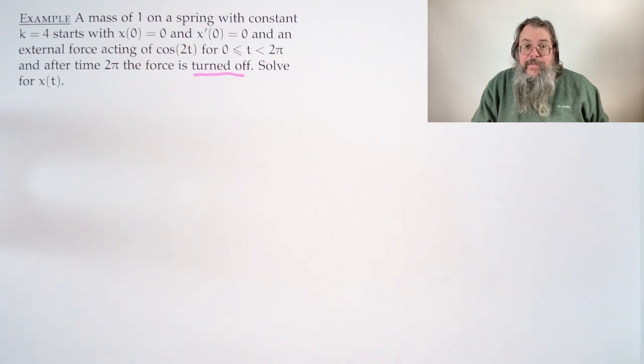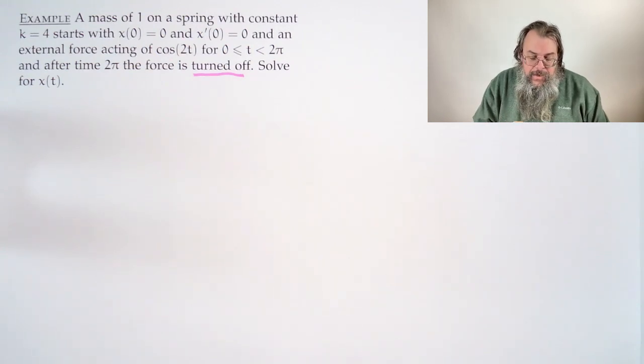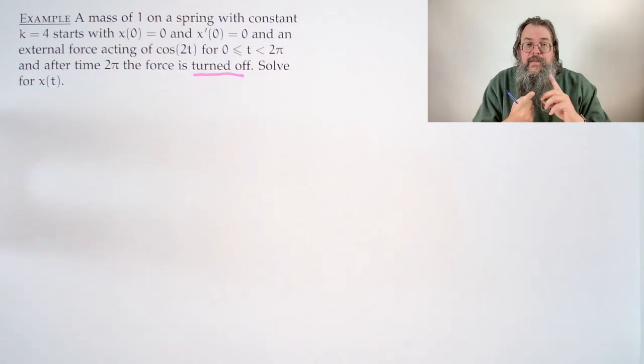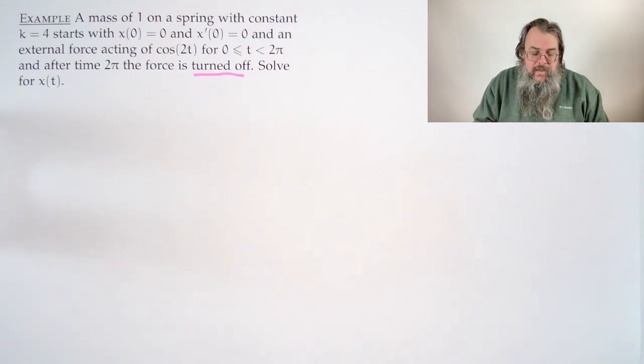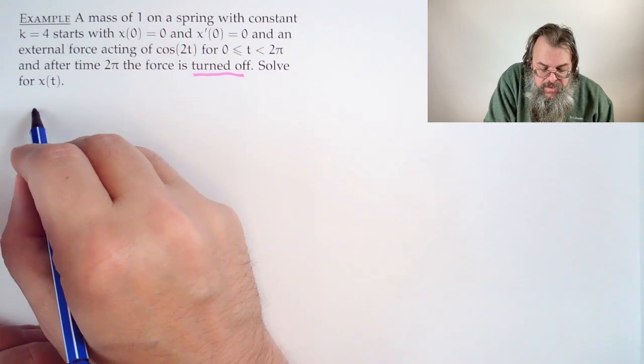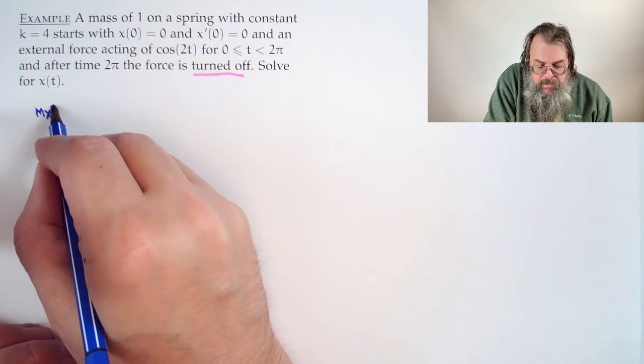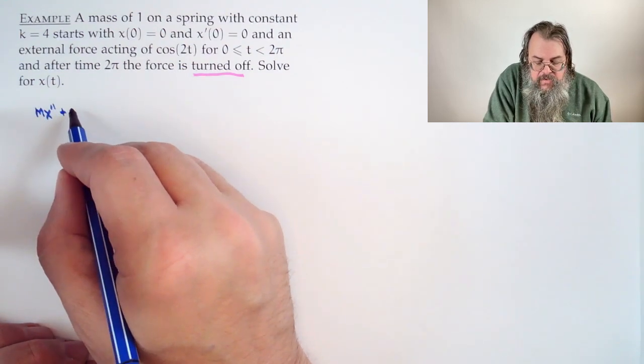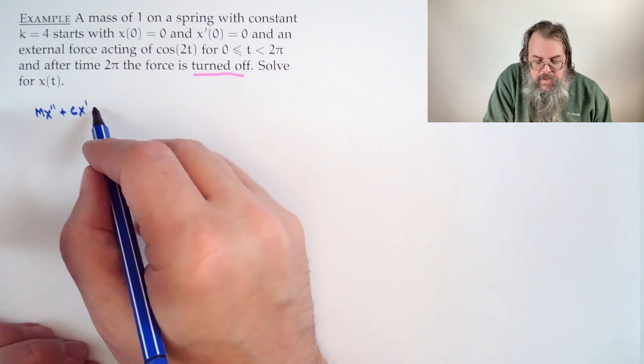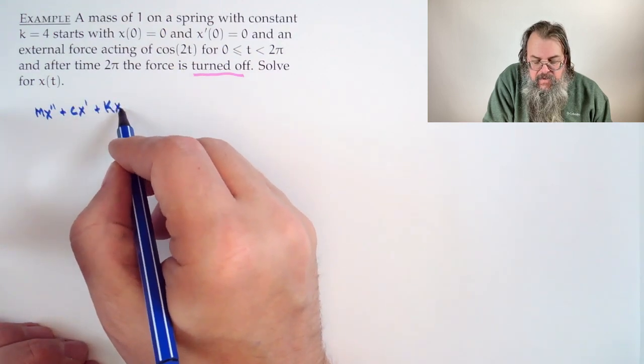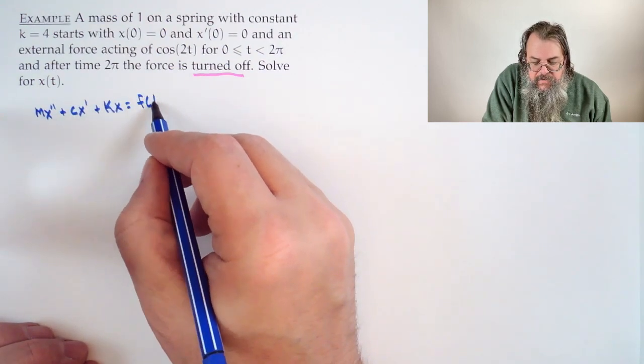Now here they didn't give us a differential equation, but that's okay. We're pretty good at that. We see a couple of things. We see a mass of 1, and so you might remember there's our mx double prime plus our cx prime plus our kx equals our f of t.